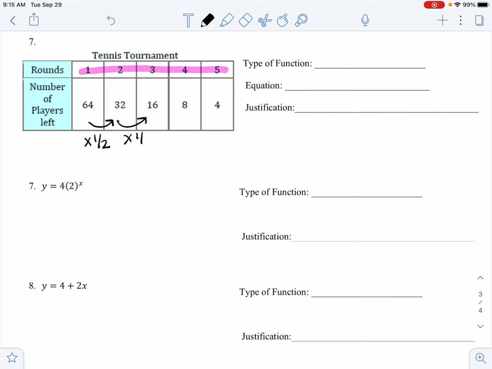So take half. Yep. Half of 32 is 16. Half of 16 is 8. Half of 8 is 4. So this is an exponential function. I'm going to write my justification right now because it's multiplying by a half.